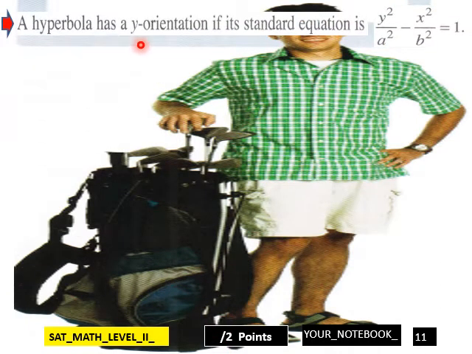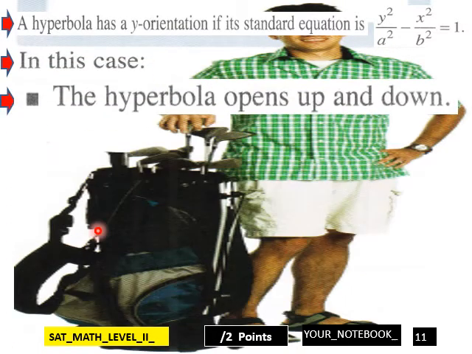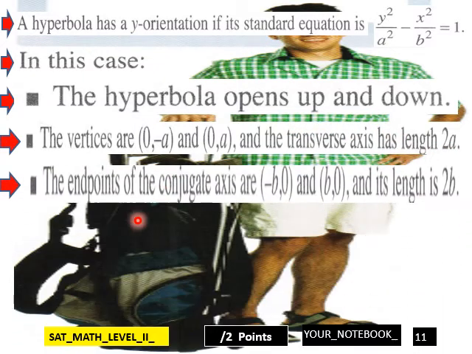A hyperbola has a y orientation if its standard equation is y squared over a squared minus x squared over b squared equals 1. So now we have a y orientation because our a squared is underneath our y squared. In this case, the hyperbola opens up and down. The vertices are (0, negative a) and (0, a), and the transverse axis has a length of 2a.